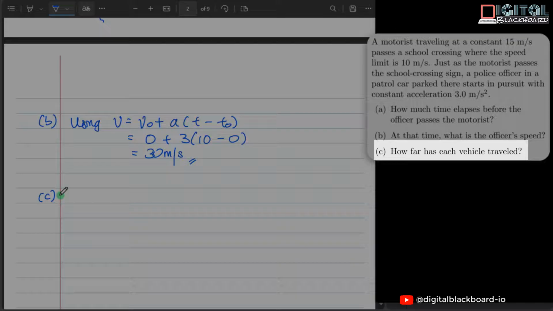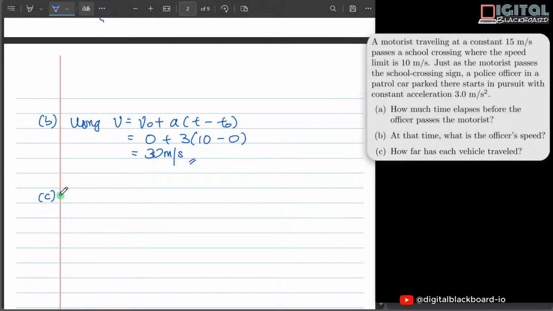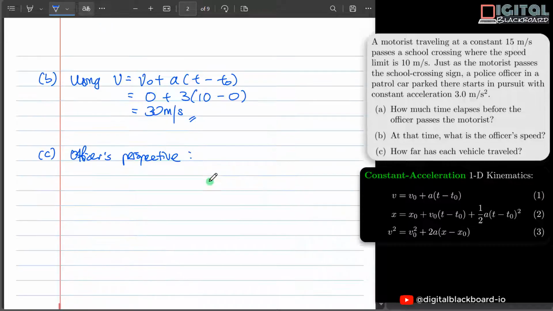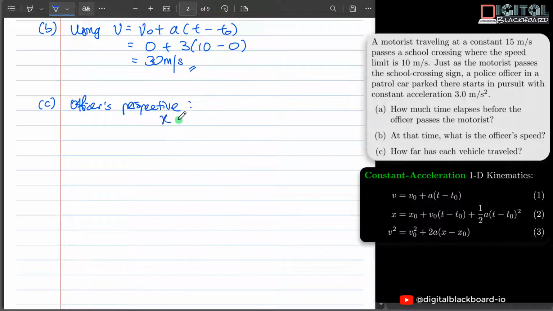How far has each vehicle traveled? We can solve this part C either from the motorist's perspective or from the police officer's perspective. First, from the officer's perspective, using the formula x minus x naught equals v naught t plus half a t squared.